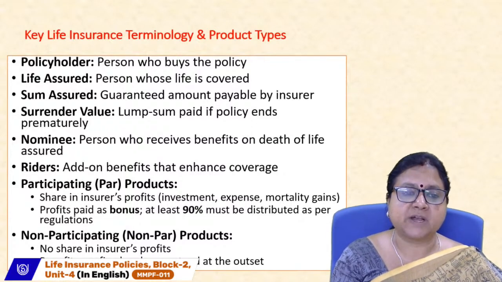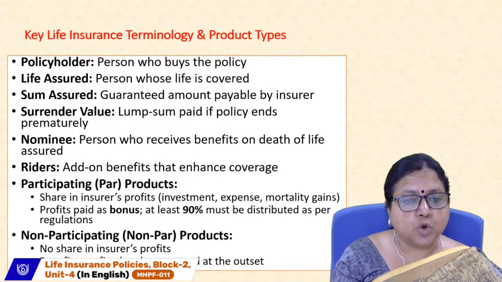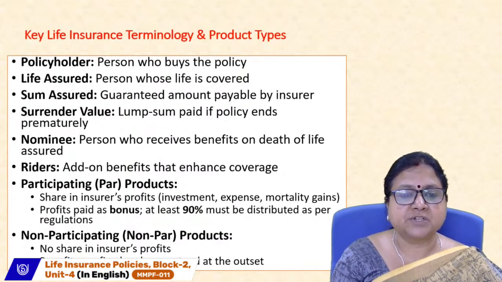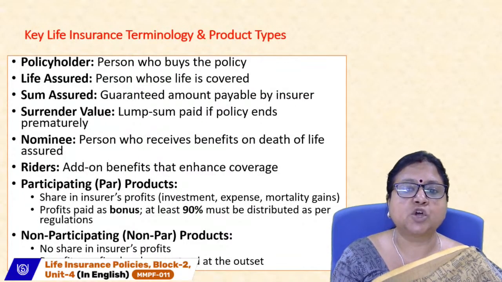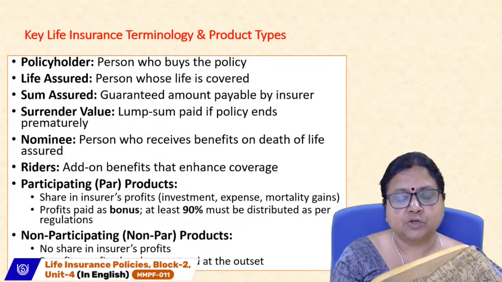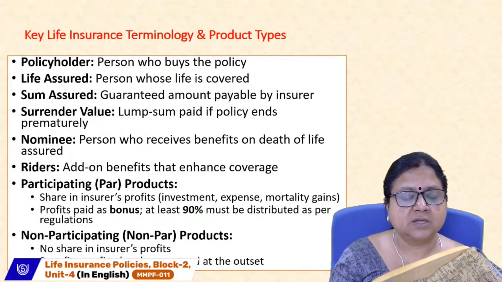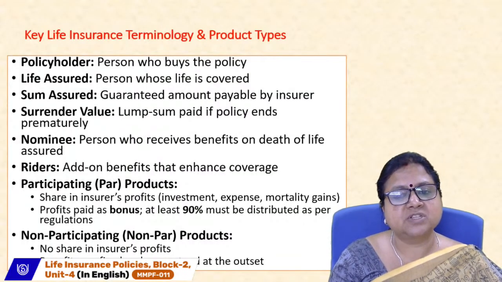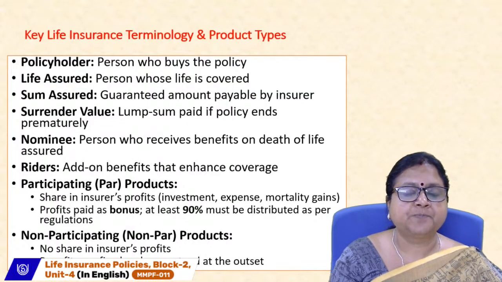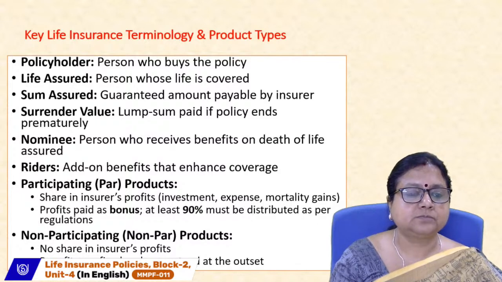Now nominee we have already discussed. The nominee is the person who receives the benefits on death of the life assured. Suppose the father has a premature death, and he has kept his son or wife as the nominee, then the nominee is the person who receives the benefit after the death of the life assured.